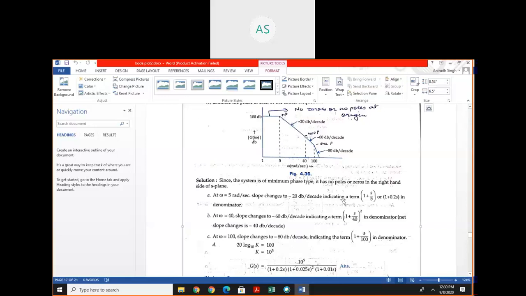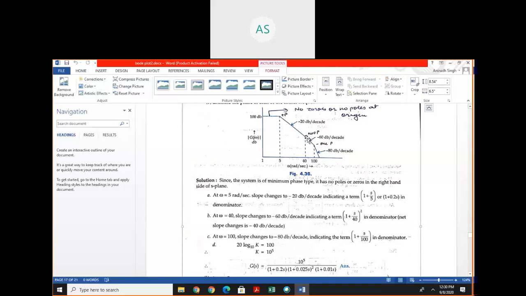So our term is 1 plus s by 5, where 5 is the corner frequency. So 1 plus s by 5, and this term is in the denominator because there is an addition of a pole.